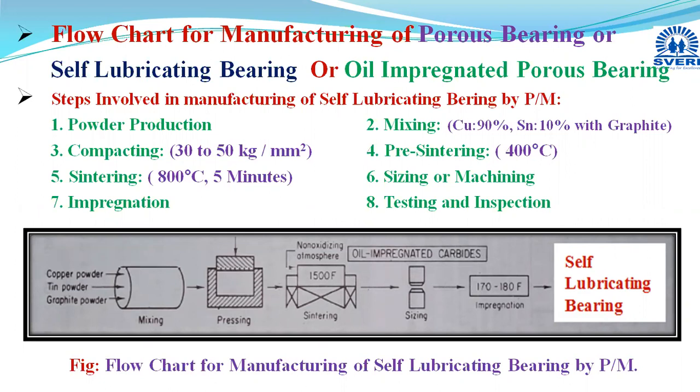While learning the steps in the powder metallurgy technique, simultaneously I will explain how to draw the flow chart of this manufacturing process. Now, one by one, we will discuss it.